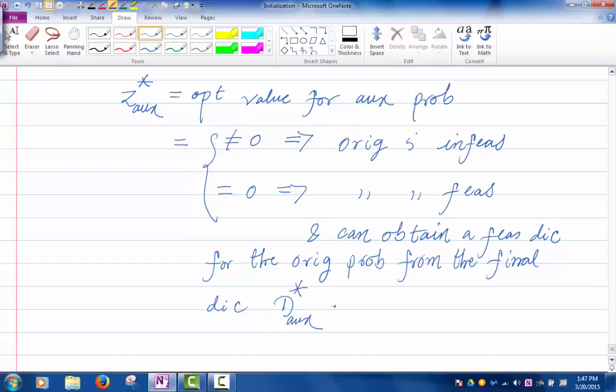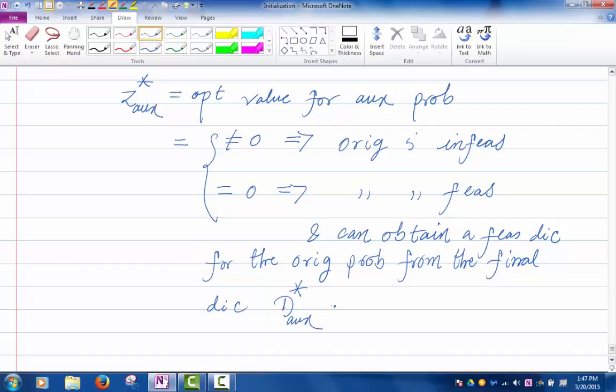And let me just say that I don't want to try to write down in phrases how you do that, but the idea is that in the final dictionary, X0 will always be the non-basic. You delete the column for non-basic, you get the dictionary for the original problem, except that the objective row needs to be changed, right?